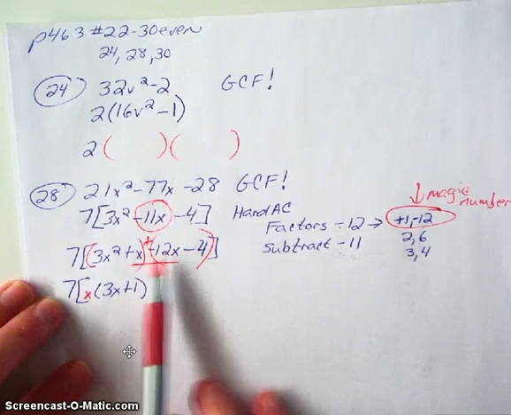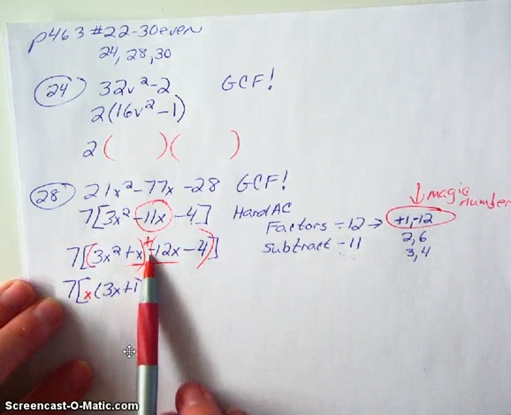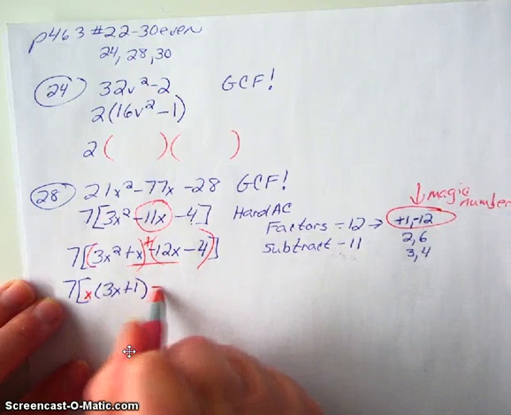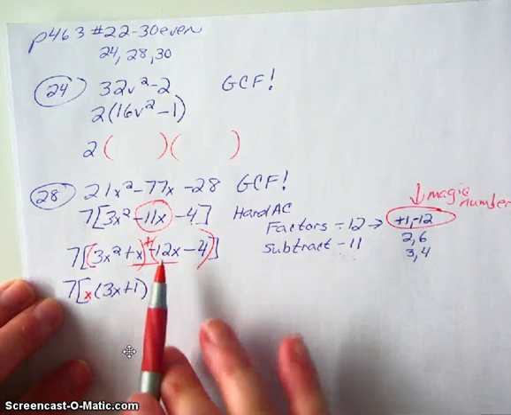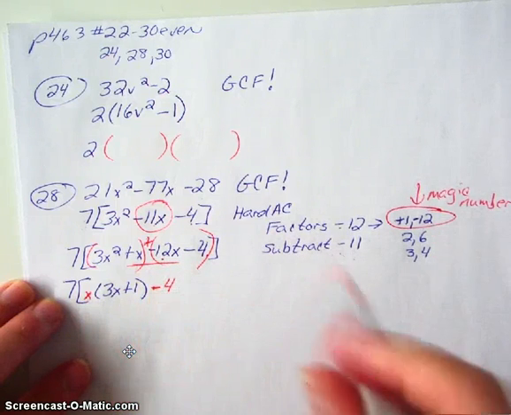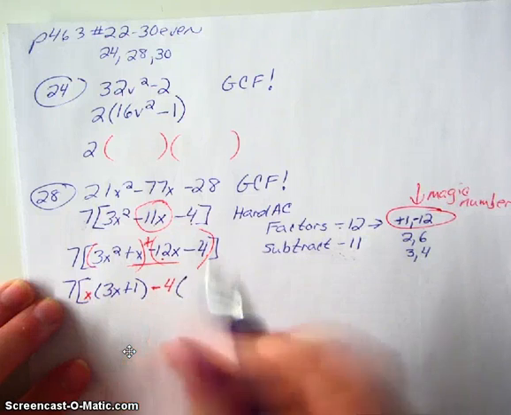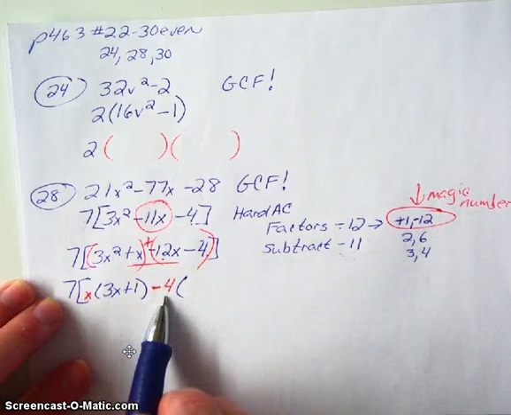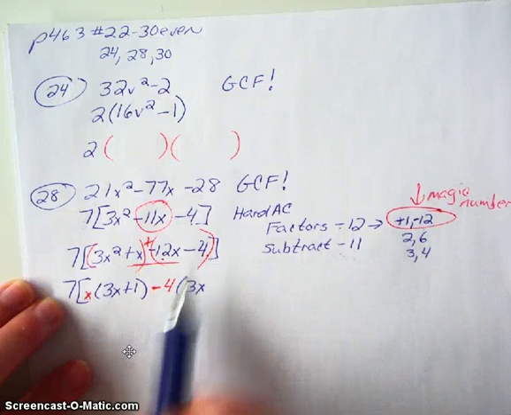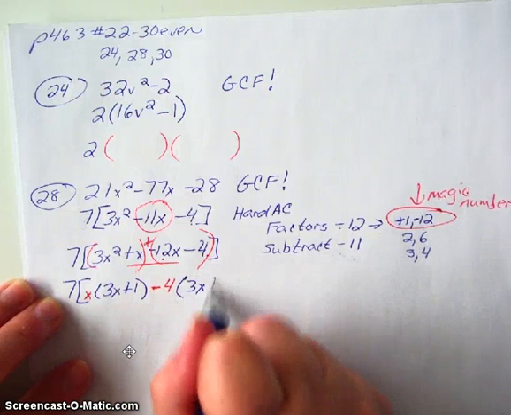All right, so now remember that if the first term is negative, the GCF is negative. So I'm going to be factoring out a negative. And the largest number that divides evenly into 12 and 4 is 4. Negative 12x divided by negative 4 is 3x. Negative 4 divided by negative 4 is positive 1.